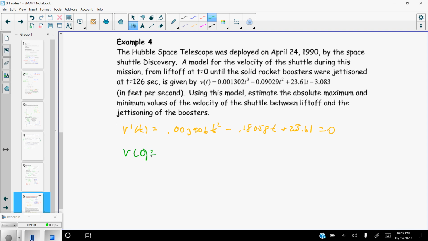That's going to be, was it negative 3.083? Negative 3.083 feet per second. And then if we plug in 126, much bigger number to deal with, that's going to be 4,142.822 feet per second.